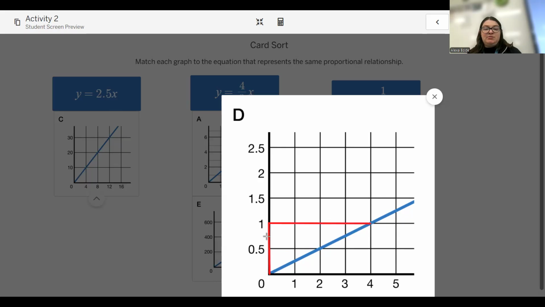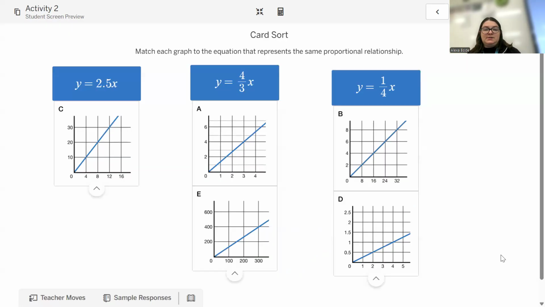So going from 0 to 1 is a vertical distance of 1. And if I'm looking at my horizontal distance, starting at 0, going over to 4, that is a horizontal distance of 4. So 1 over 4 is my slope here. So this is going to go into the column y equals 1/4 x.